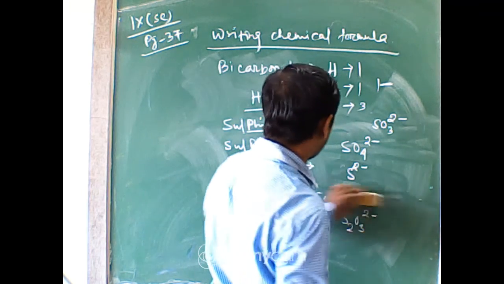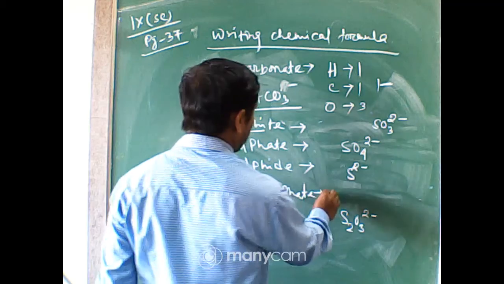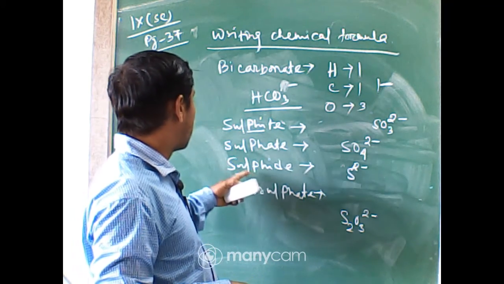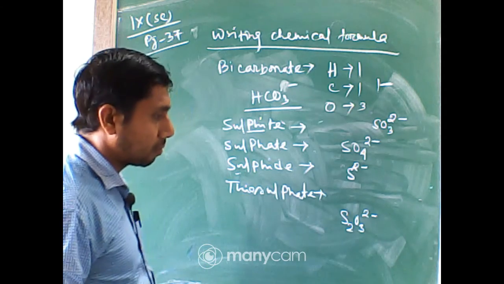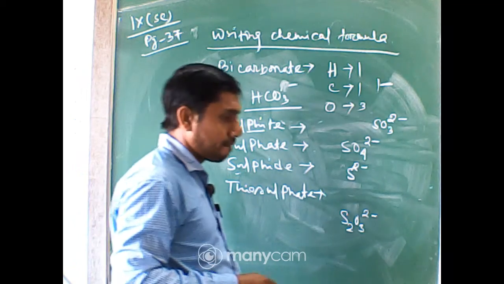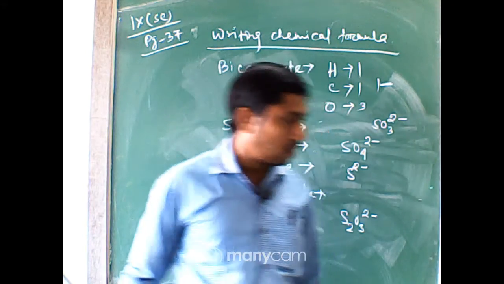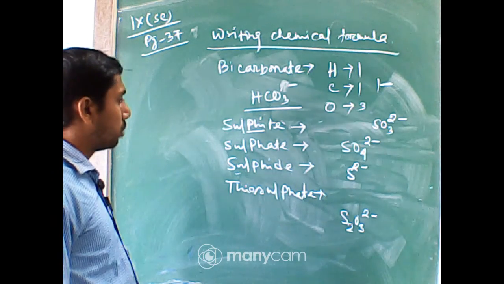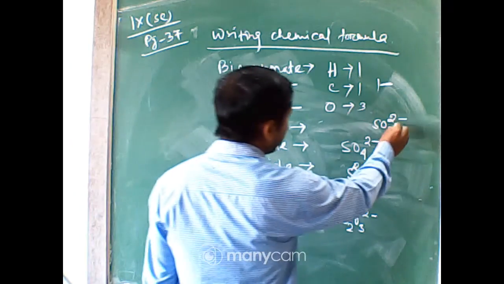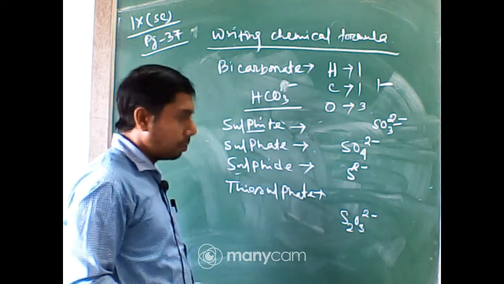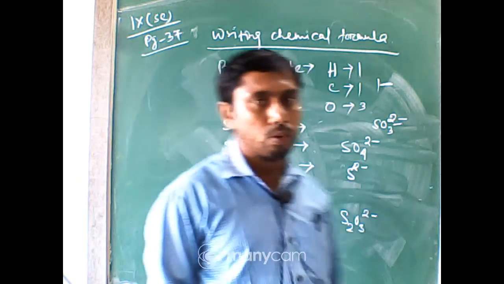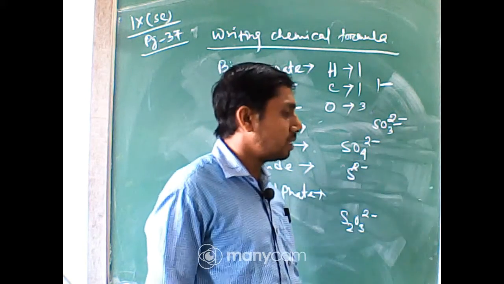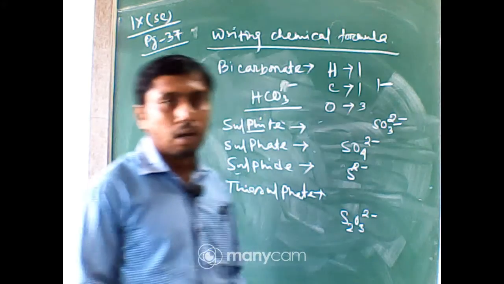Okay, these are the anions of sulfur: sulfite, sulfate, sulfide, thiosulfate. Understood? You have to remember this with the charge, because if you make any mistake regarding the representation of charge, then the formula will also be wrong.